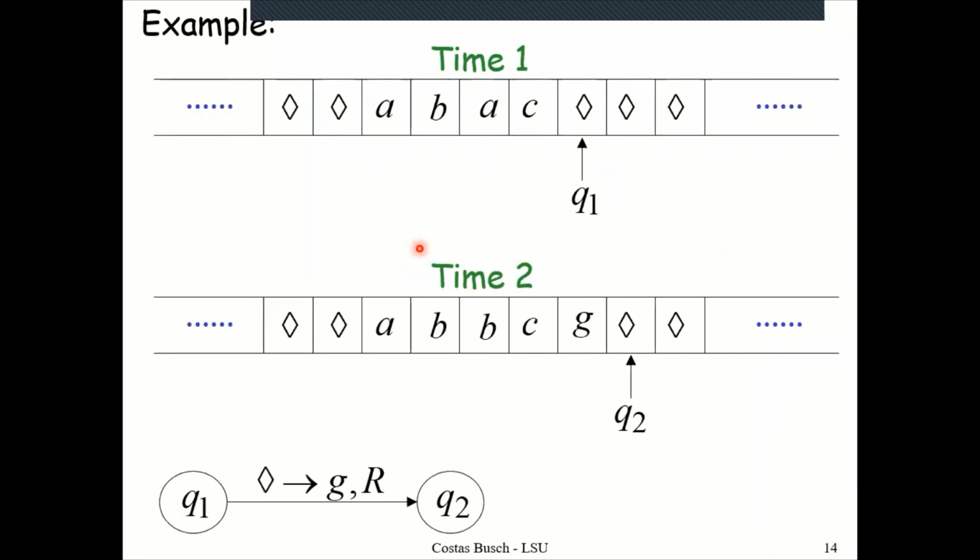Now what does this transition function say? It says that if during the chain of computation the read write head happens to read an empty cell, write G onto that empty cell and move one step right.